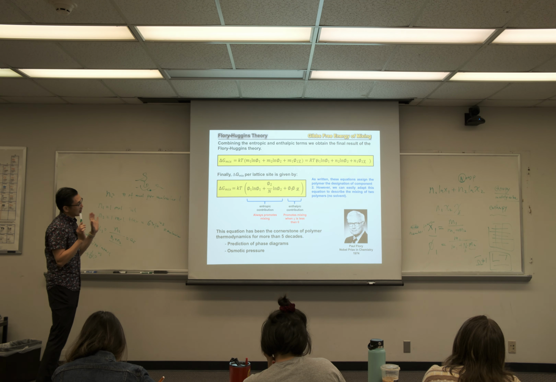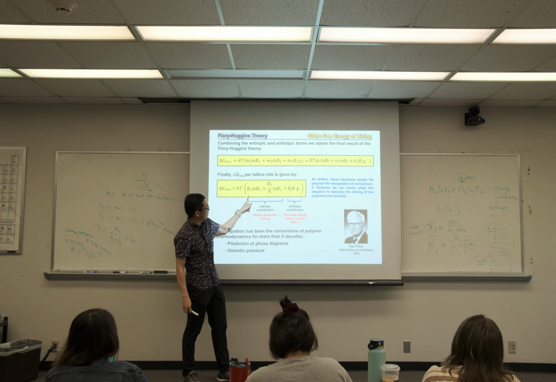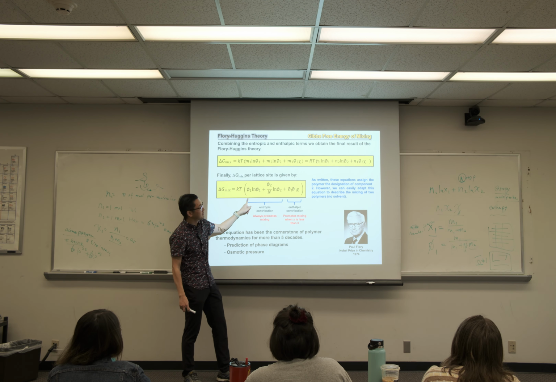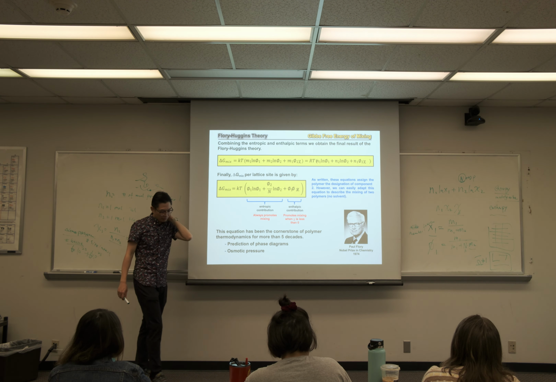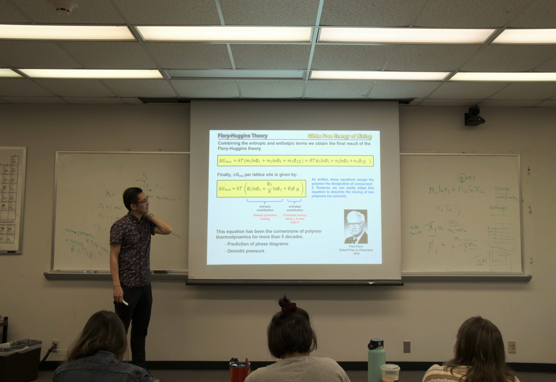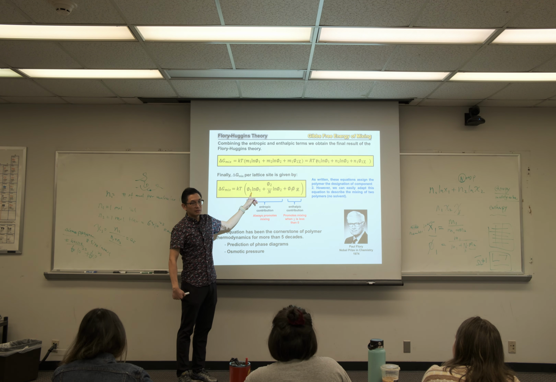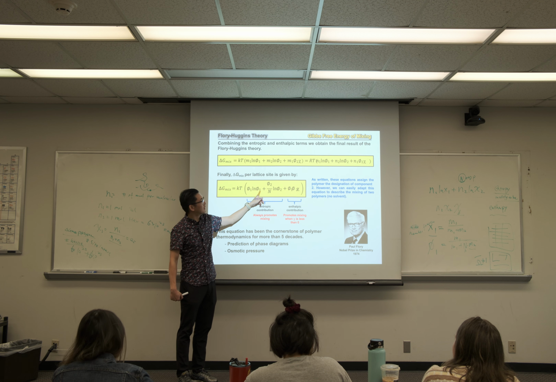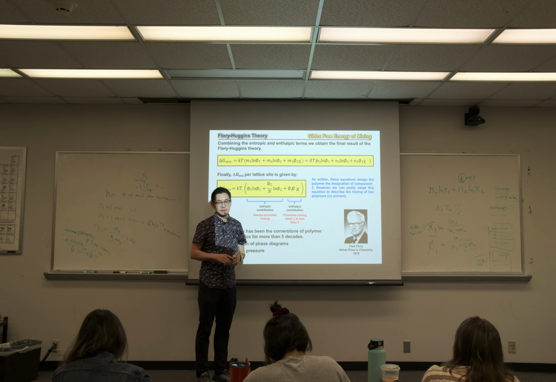And again, same argument as the regular theory. So this part contributes to the entropy of mixing, and this is the enthalpy of mixing. And if you remember what we wrote for the number of different lattice arrangements for regular solution theory, this would be x1 times log x1, x2 times log x2, plus x1 x2 chi.